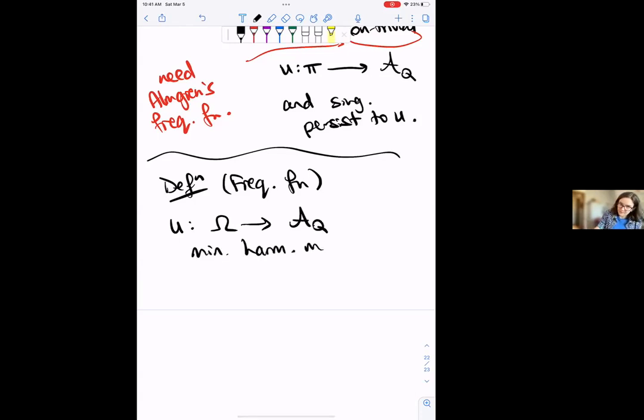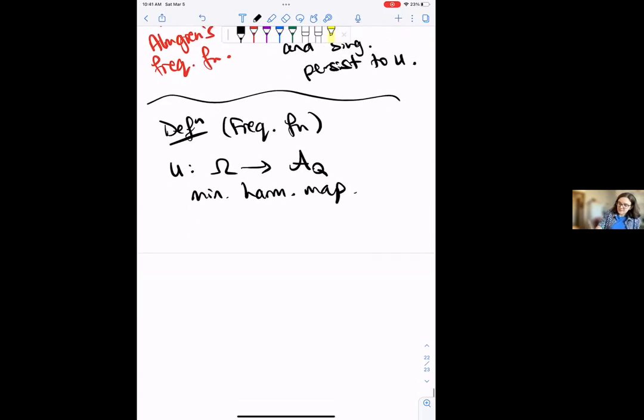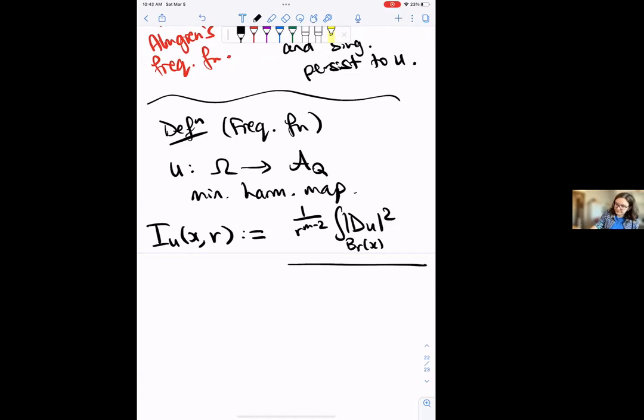Then the frequency of u around a point x at some scale r is the scaling invariant Dirichlet energy of u at scale r divided by the scaling invariant height of a sphere of radius r.